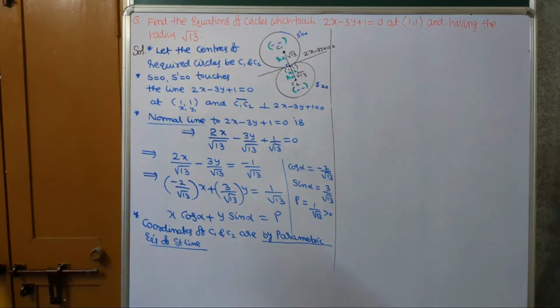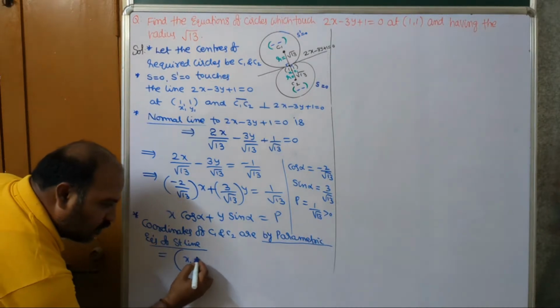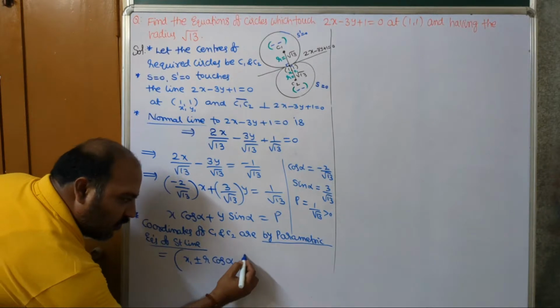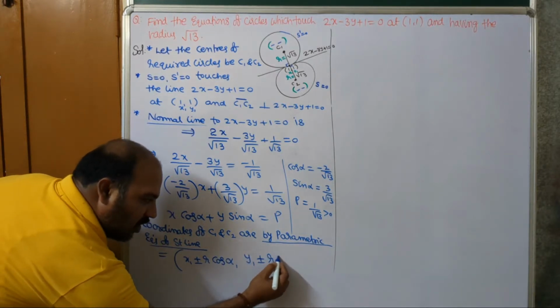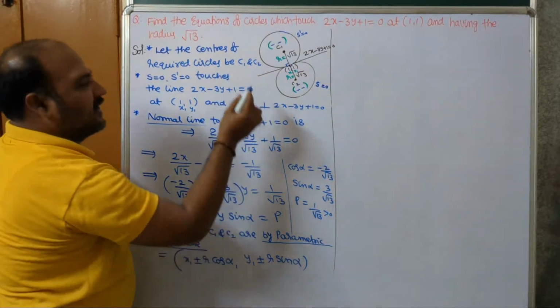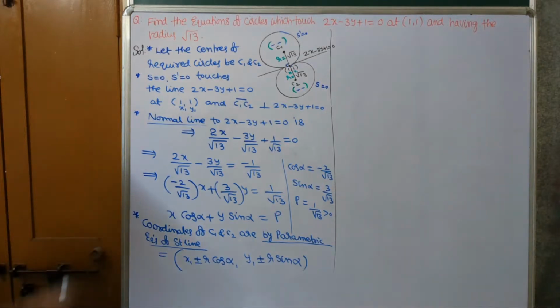The parametric equation formula is x1 plus or minus r cos alpha, y1 plus or minus r sin alpha. What is r? Here the r value is given as root 13.